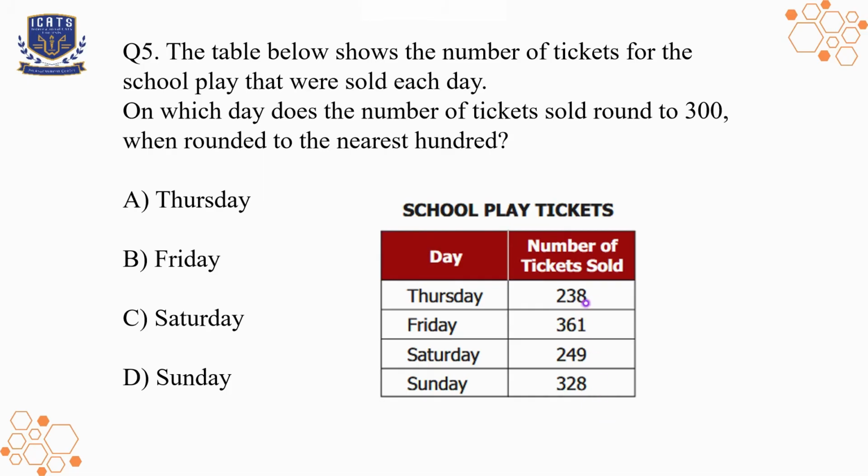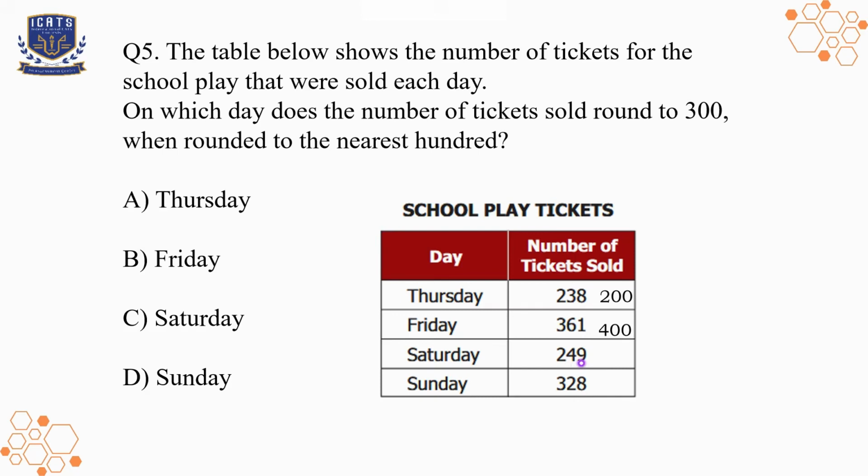If we round 238 to the nearest hundreds, it will be 200. Now the next number is 361. It lies between 300 and 400, and it's bigger than 350. So we will round it to 400. Then it's 249.